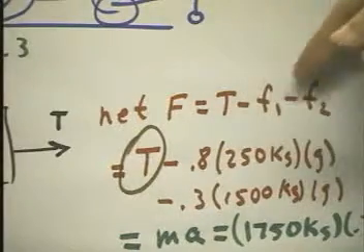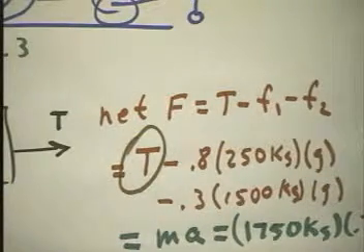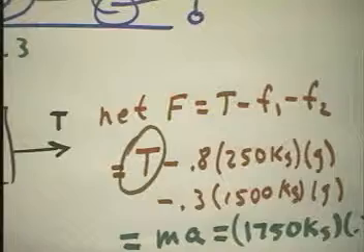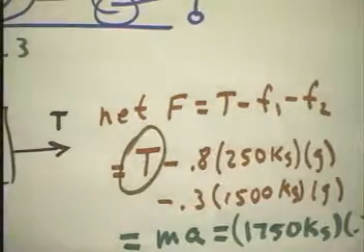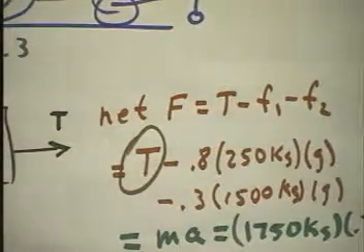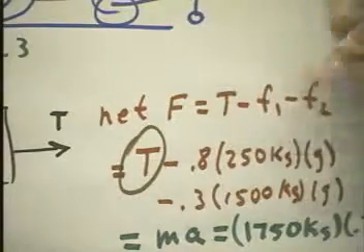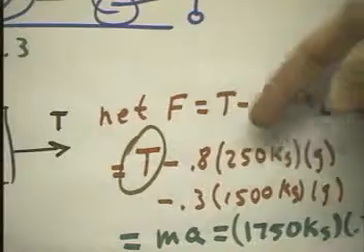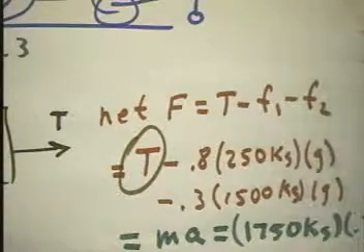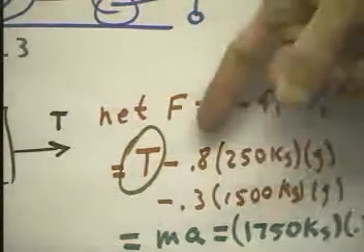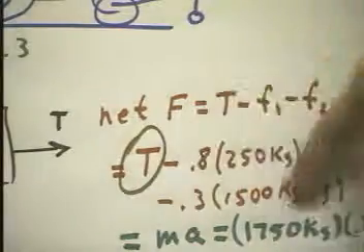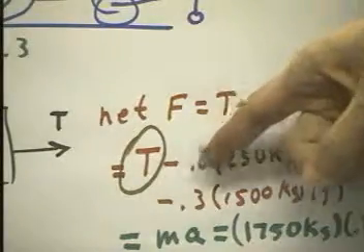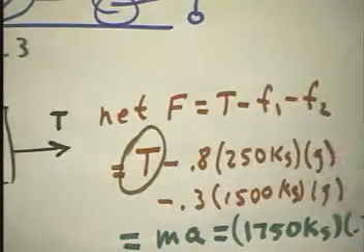Now, friction 1 and friction 2 are each going to be calculated by the normal force multiplied by the coefficient of friction. The normal force on a 250 kilogram individual will be equal to the weight of the individual, 250 kilograms times g, multiplied by 0.8 to get the frictional force F1. So coefficient of friction times the weight of the individual.